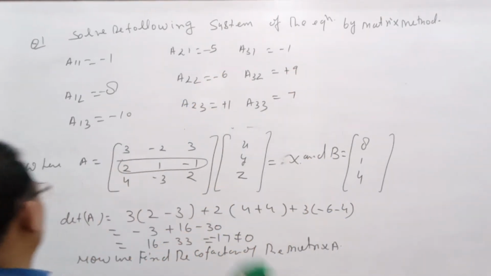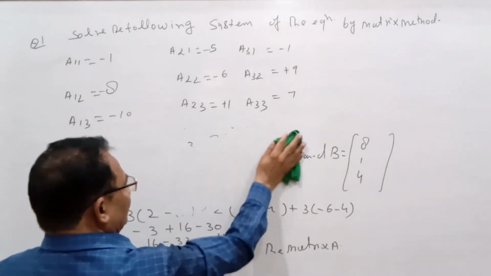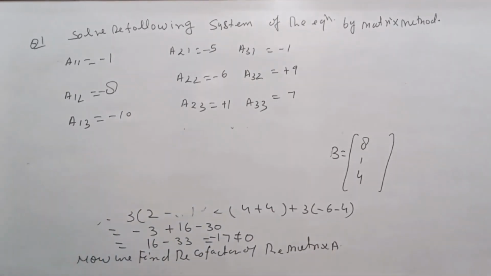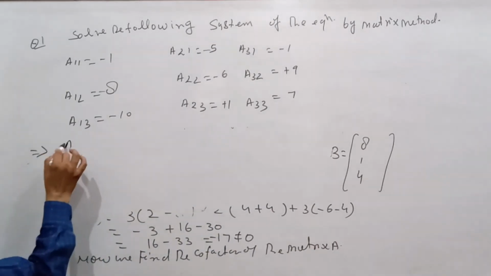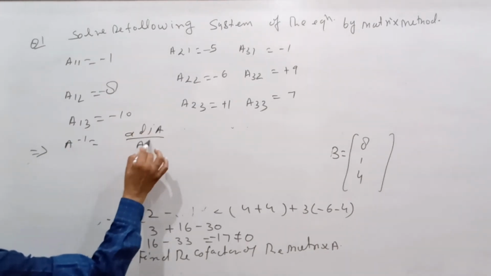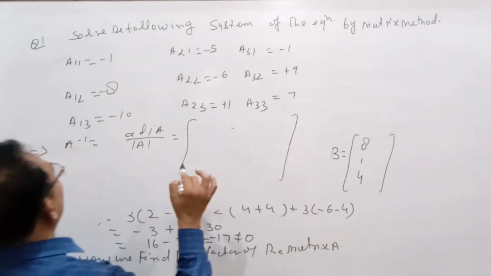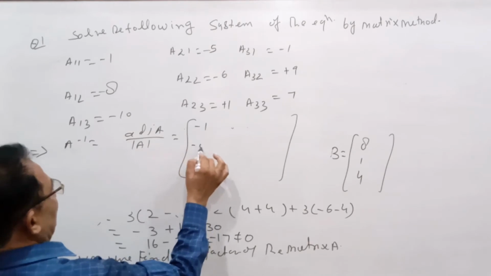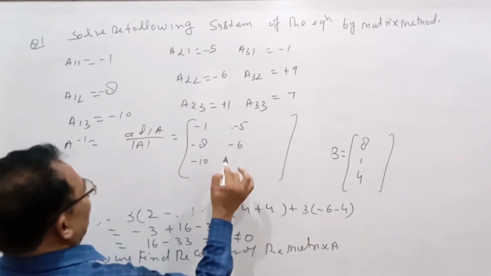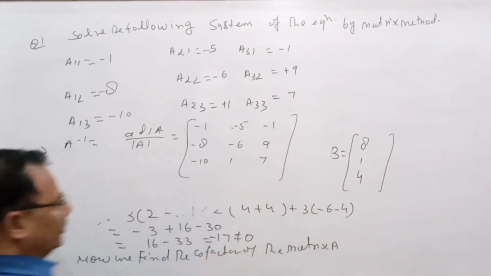So therefore we write A inverse is equal to the adjoint of A divided by the determinant of A, which is equal to -1, -8, -10, -5, -6, 1, -1, 9, and 7.